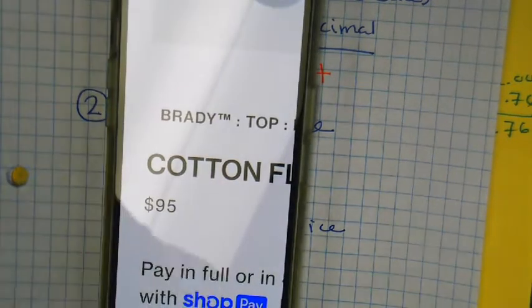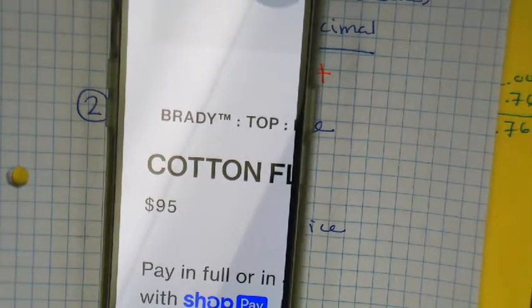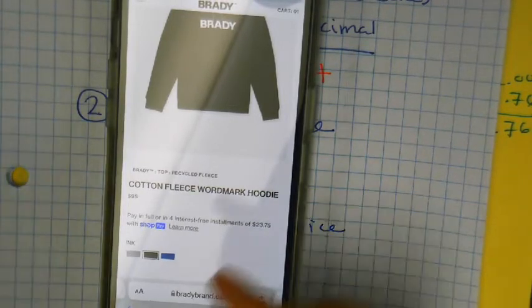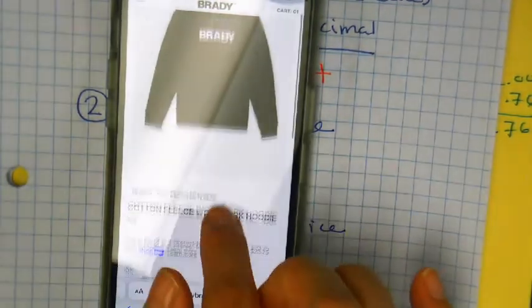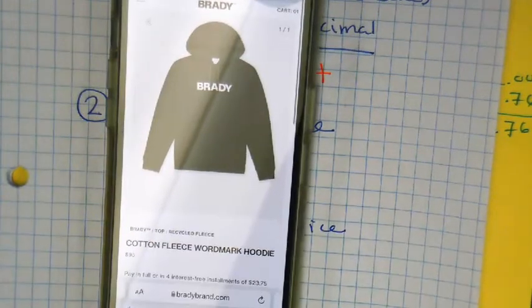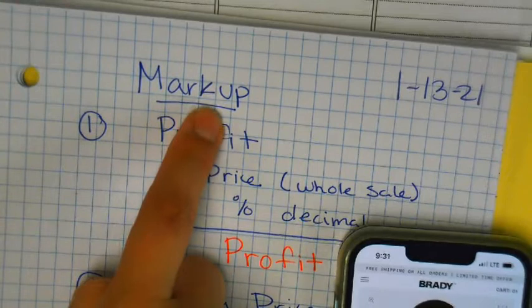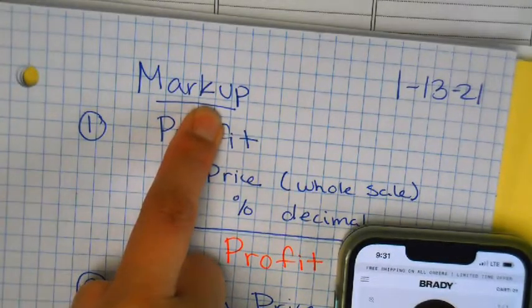Now, listen. You've all experienced probably buying a hoodie. The hoodie from school cost $20, right? Did it cost Tom Brady $95 to create this hoodie? Probably not. He marked up the price by a lot.